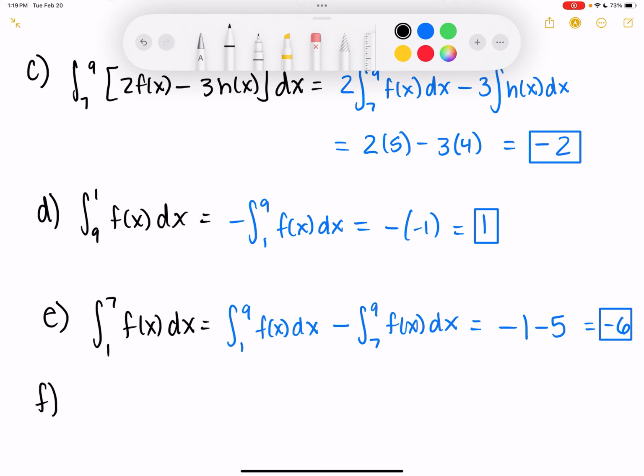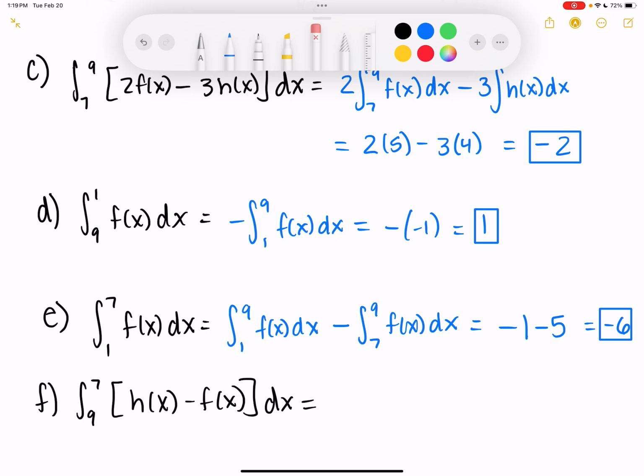F, the integral from 9 to 7 of h of x minus f of x dx. I would probably go step by step on this one so we make sure we get everything that's happening. What's the first thing that we know?